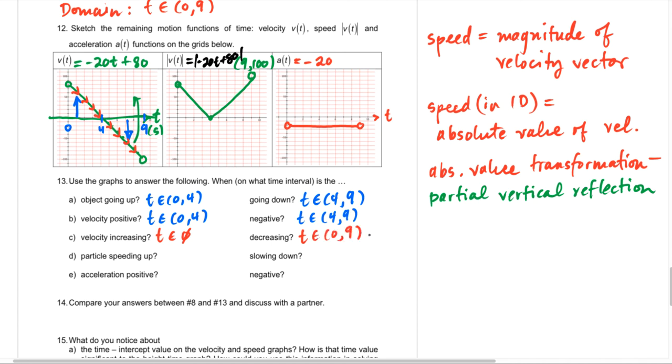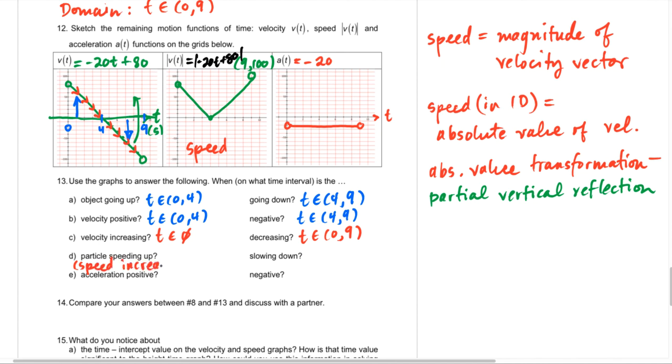So this may have been different from what your intuition said, and partly that intuition is wrong because you may not understand the definitions of velocity and speed as well as you should. So the particle speeding up is really another way of saying when is the speed increasing. And now that we have a speed graph in the middle, I'll just write those words underneath.